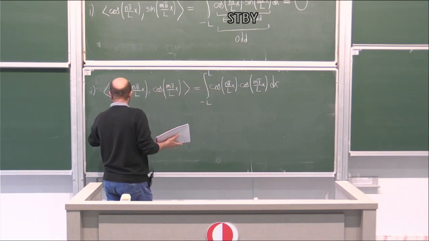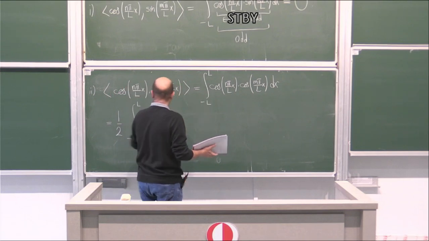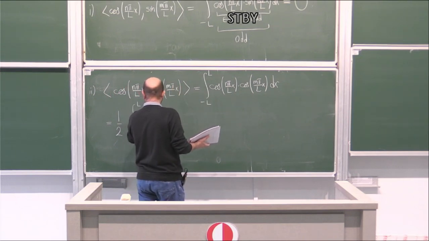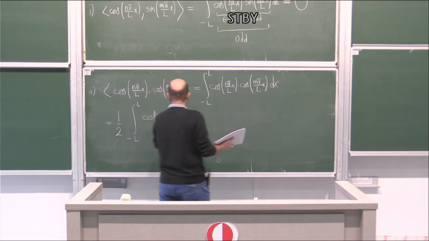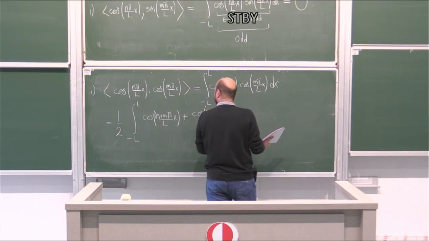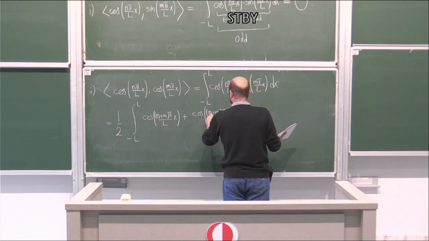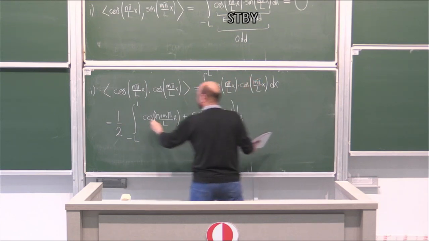So this is equal to 1 over 2 times the integral from minus L to L of cosine (n plus m) pi over L x plus cosine (n minus m) pi over L x dx. This is what we have.